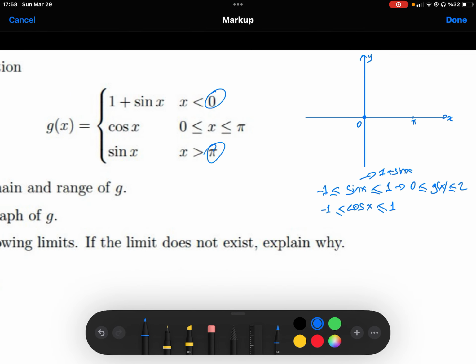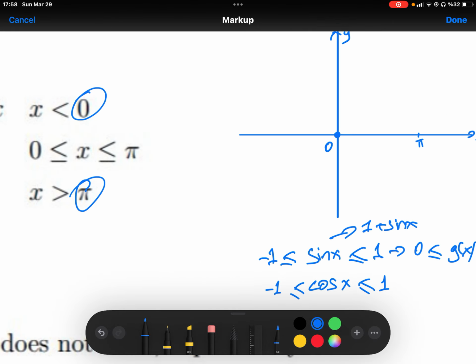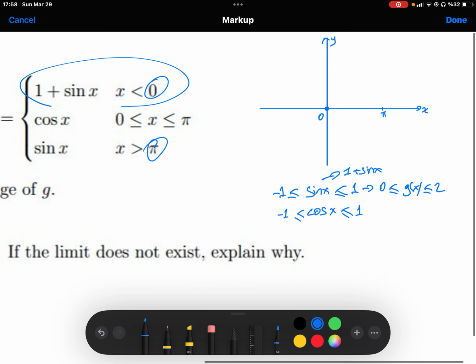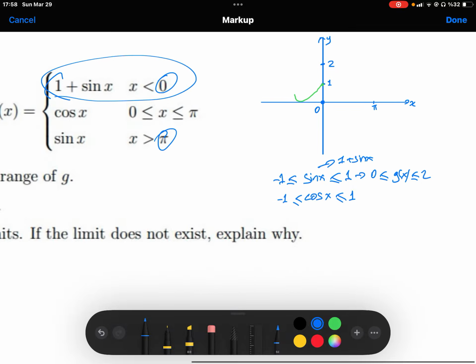Nice. So for this case, it will start from here. It will start from 0. No, it will start from 1. I'm gonna sketch it using the color green. It will go like this. And the maximum value that this function can reach is 2, because we have an additional 1 here.